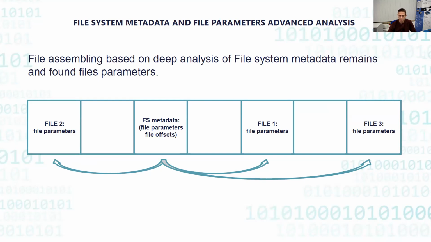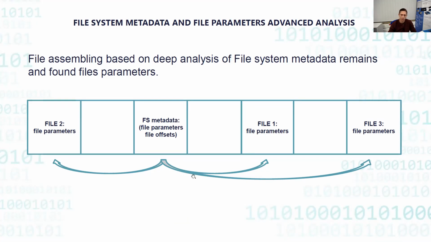So once a particular file with particular parameters was found, the algorithm looks to see if there is a record for this particular file in the file system metadata, and if there is a match here, if the system is sure that the record from the file system metadata corresponds to the specific file found, then the system will know the real logical offset of the found file.